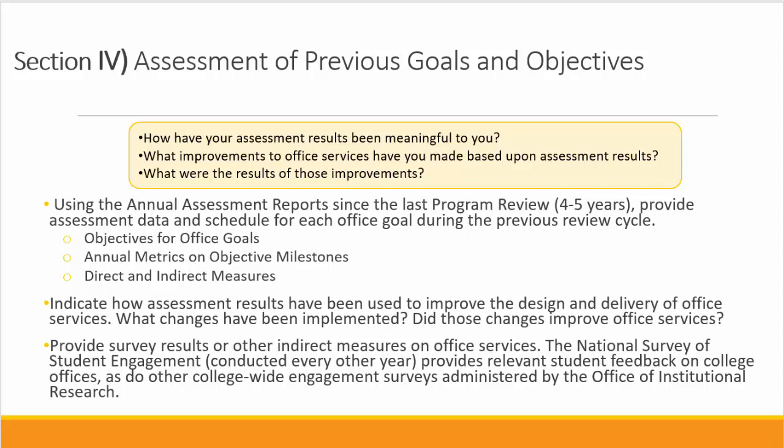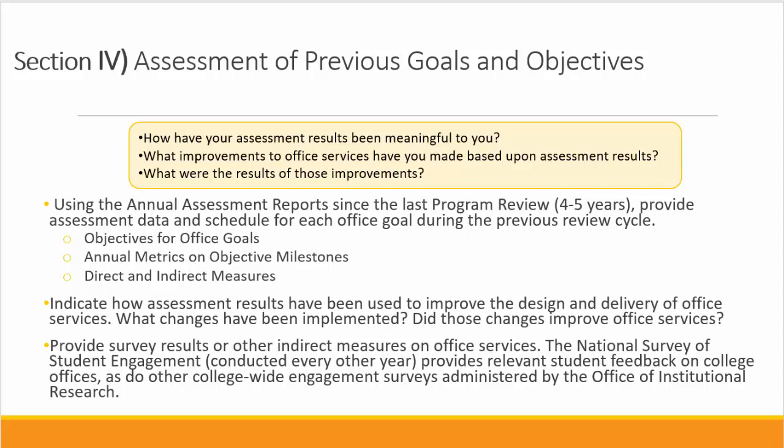So whether that's coming in for transcripts in the registrar's office, whether it's logging in to computers, whether it's how we're packaging families in the financial aid office, right? What are the metrics that we want to pull together that help us know whether we're achieving our goals through the year-to-year objective milestones? That should include a mix of both direct and indirect measures.